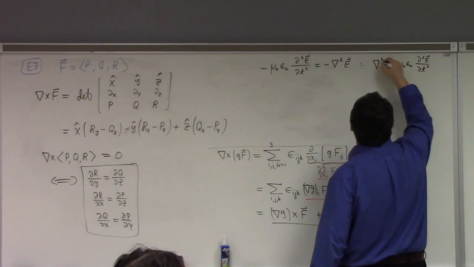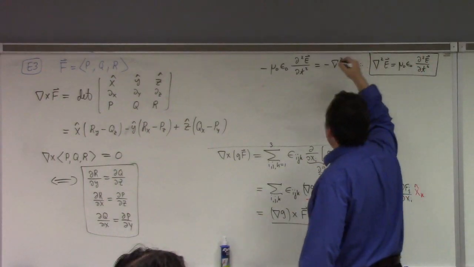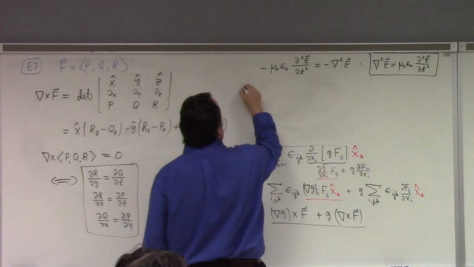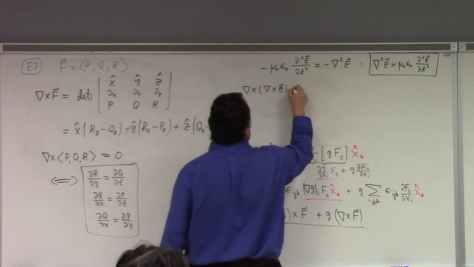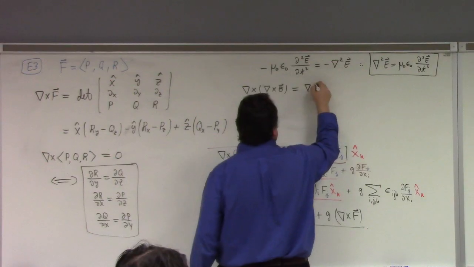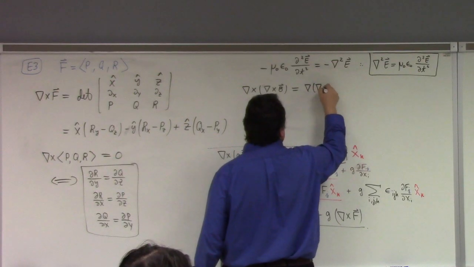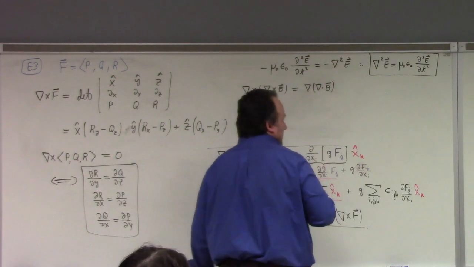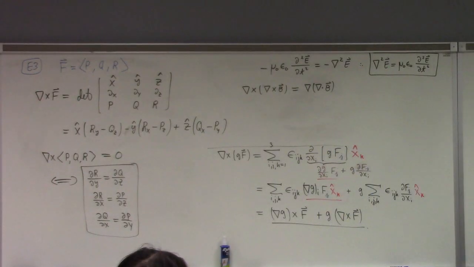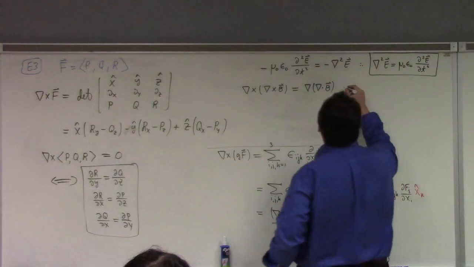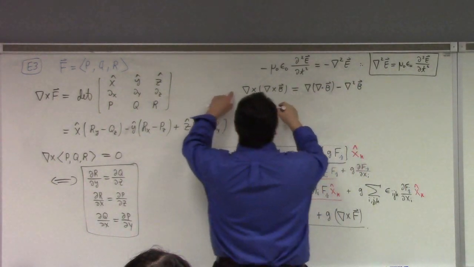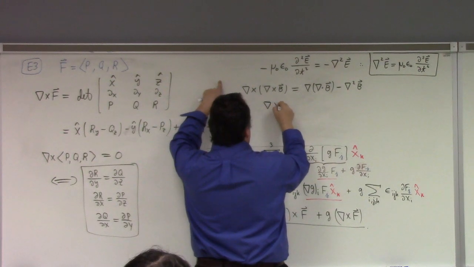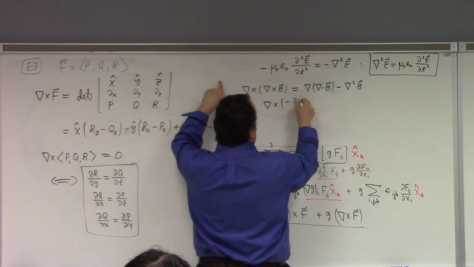What do you think is going to happen when we look at the magnetic field? So we've got the curl of the curl of the magnetic field is equal to the gradient of the divergence of the magnetic field, minus the Laplacian of B. Okay, so the curl of the magnetic field was what? It was minus partial E partial t, right?